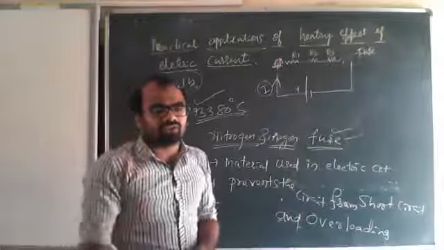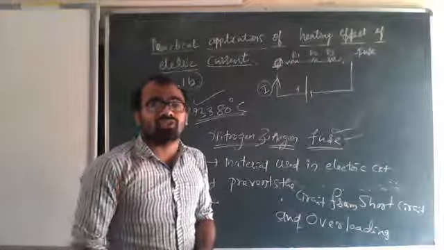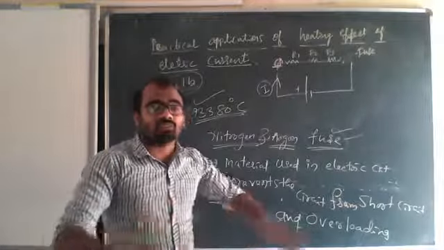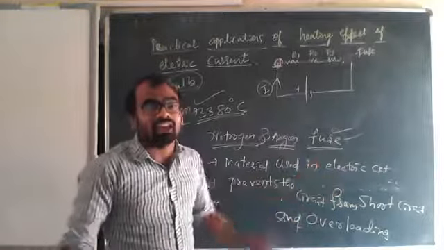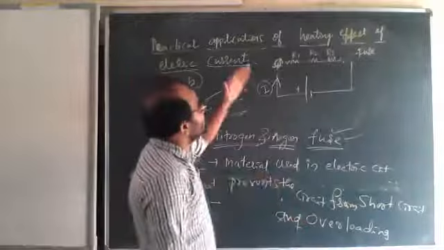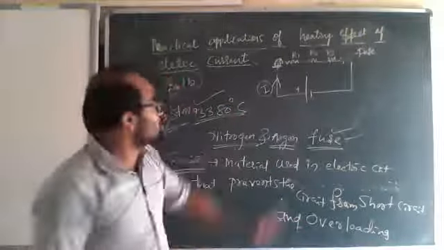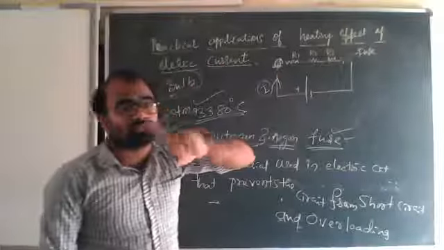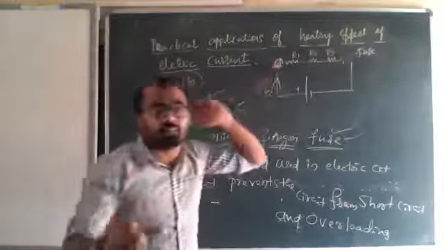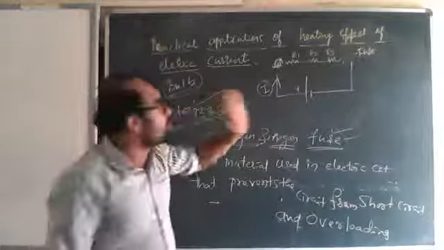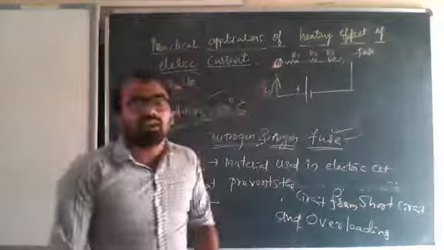For the short circuit and overloading, current must flow, but it has to be at a high level. Okay. But what happens when the fuse melts itself? What are the characteristics of a fuse? I will tell you. It should have a low melting point. When more current comes, it should melt.